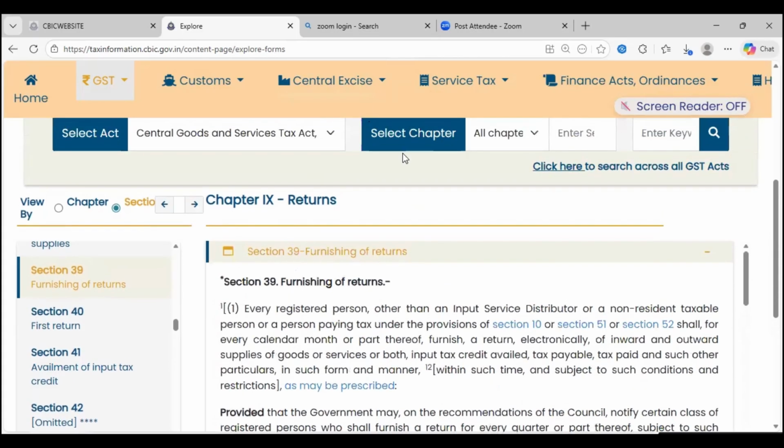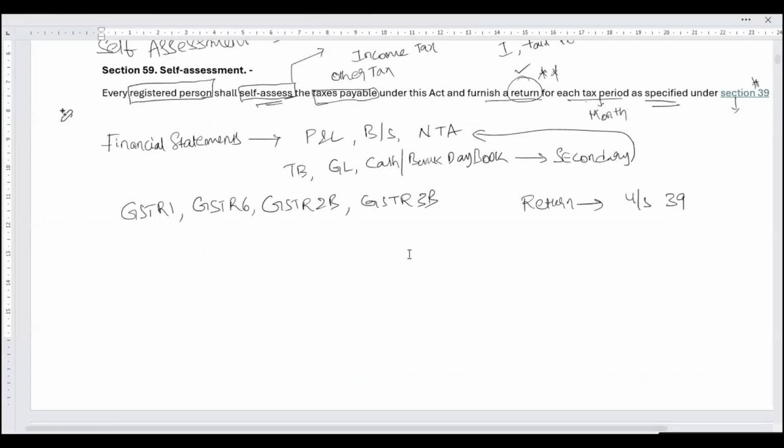So learning from here, Section 39, we have something called GSTR-3B, GSTR-6, then GSTR-7. For our limited understanding, these two we will not discuss. We will discuss only GSTR-3B.